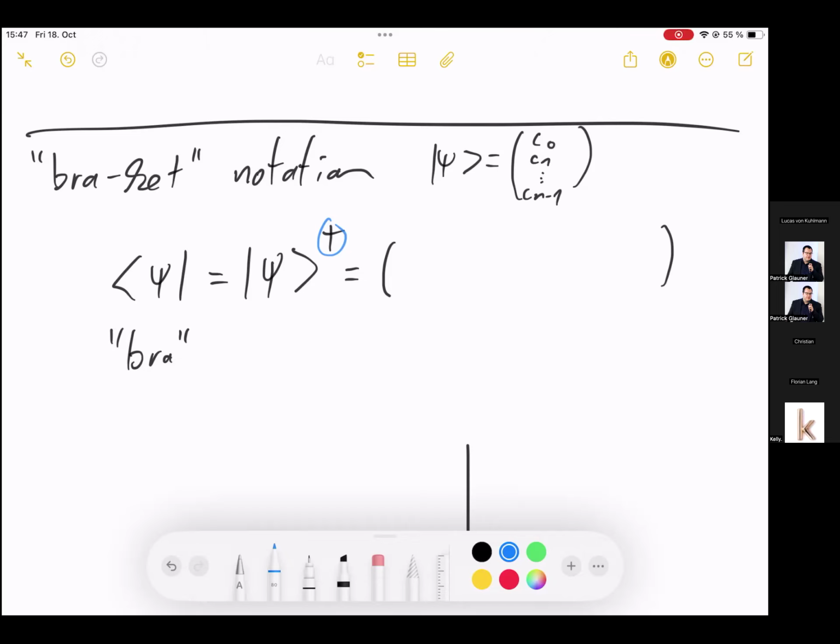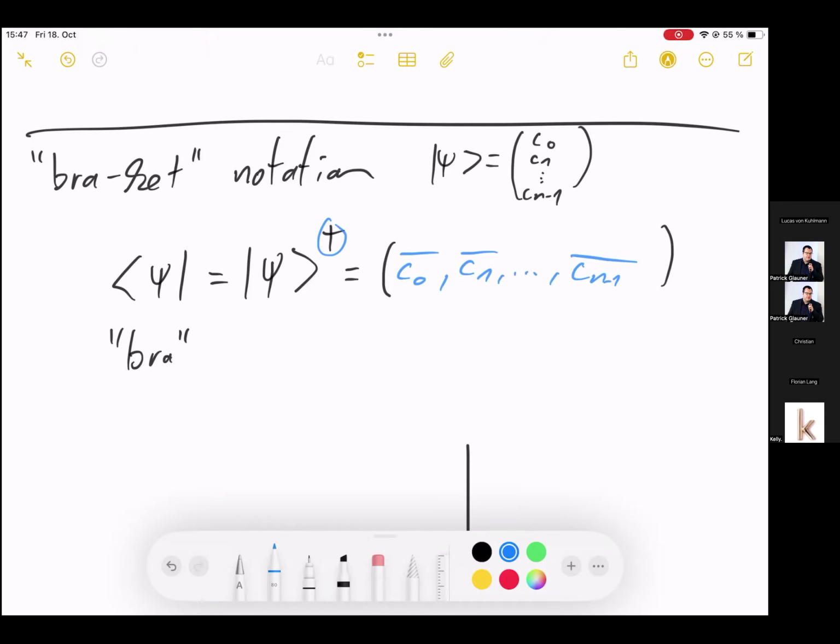If you apply the transpose, you will turn this into a row vector. But the dagger does more, as you remember. We also calculate the conjugate of each entry. So this will be C0 conjugate, C1 conjugate, up to Cn minus 1 conjugate.